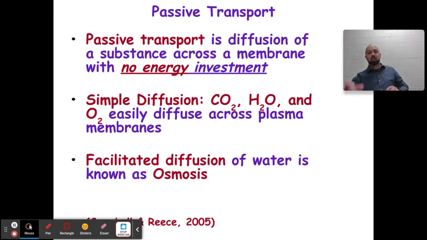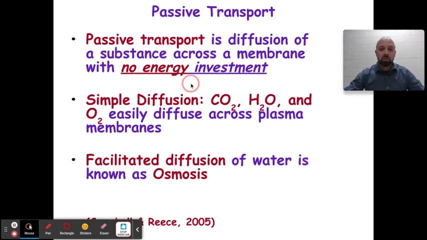Now, some of these are examples of passive transport. So we talk about, in this underlined and bolded and italicized, no energy investment is needed in passive transport. So then we go into two examples of passive transport.